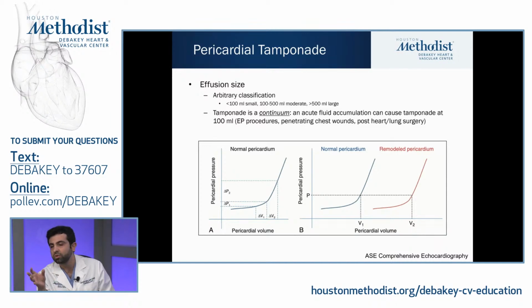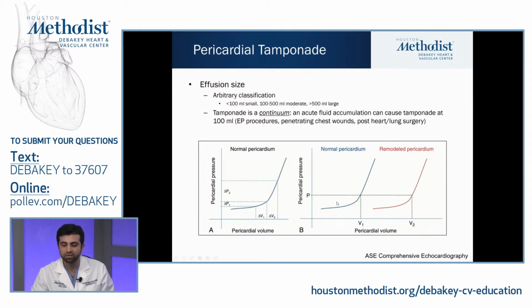This is versus the usual potential cancer patients who had quite a good amount of time to develop a pericardial effusion and collect over time. The pericardium will remodel, and they may have a pretty sizable amount of pericardial fluid without reaching tamponade.